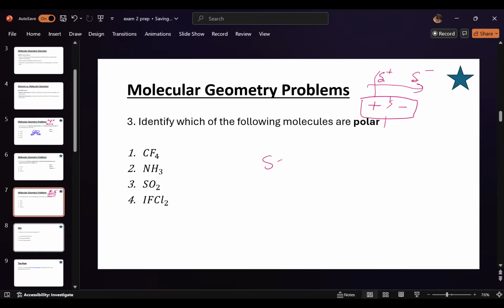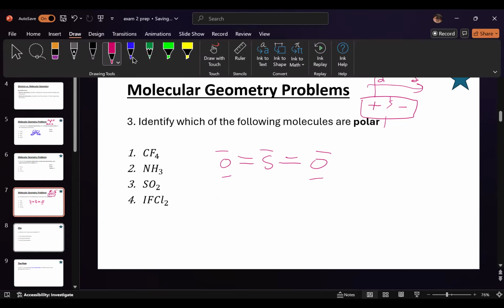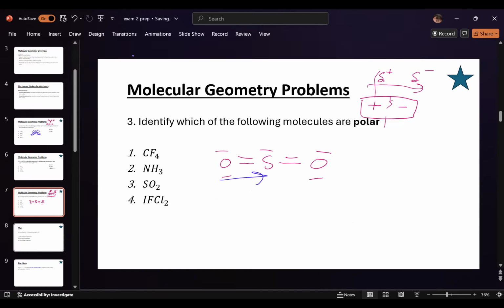Then the next one is SO2. Alrighty. So same thing. I'm trying to pick a different color. It will float this way. There's a very partial positive here, because oxygen is still electronegative, but compared to sulfur, it is partially positive.